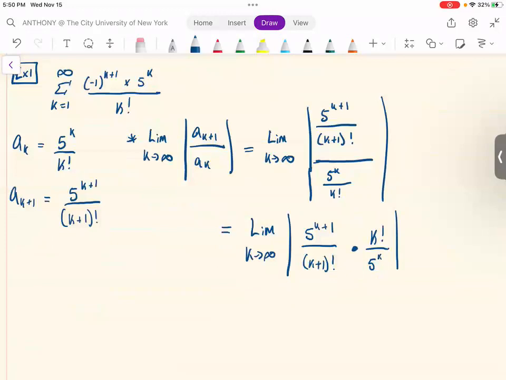All right. Now what I'm going to do is rewrite the a_(k+1) sequence. When I have 5 to the k plus 1, remember that plus 1 is in the exponent, and you can break that down as 5 to the k times 5, or 5 to the first.